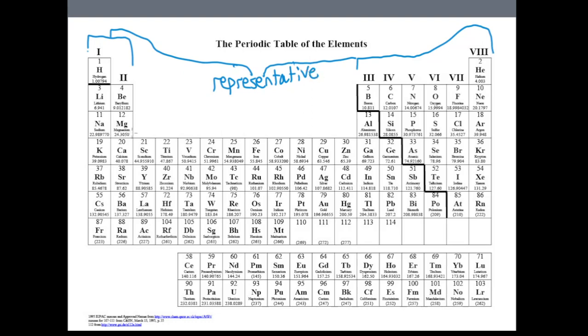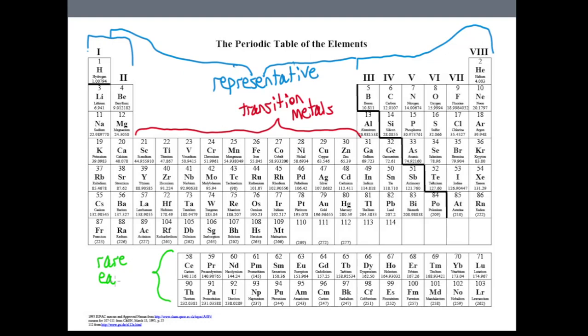And this short block here, these are going to be called the transition elements, or you may see them called transition metals. All right? And then these two bottom rows here are going to be called the rare earth metals. Okay, and in general, these are going to be radioactive.